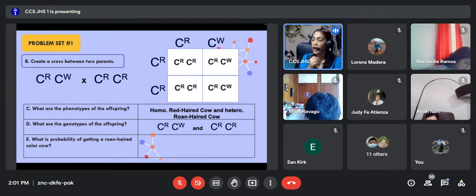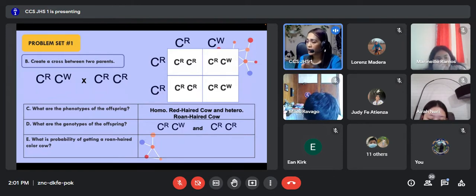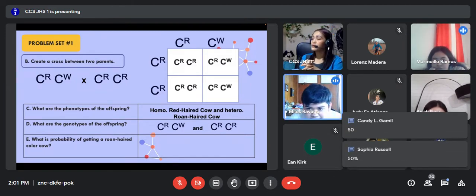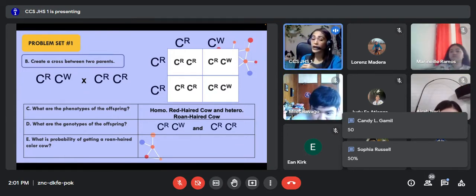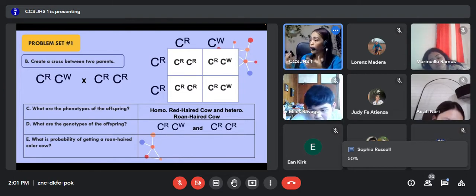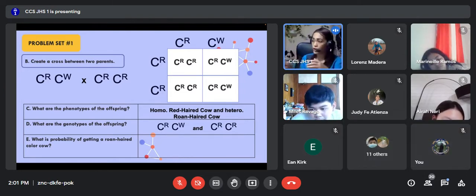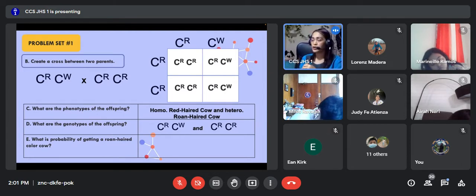And then the final question. What is the chance or the probability that you will get a roan-haired cow? 50%. Or you can also say 2 out of 4, or 2 over 4, depending on how you write it. What if I ask, what's the chance that you will have white?